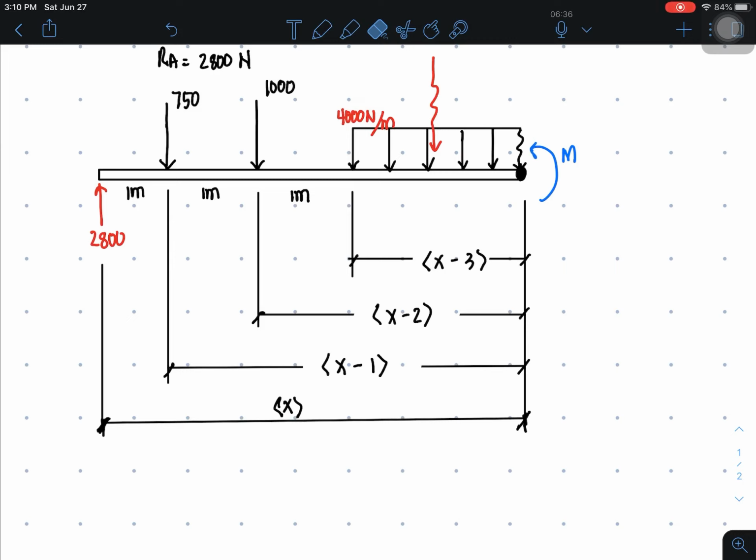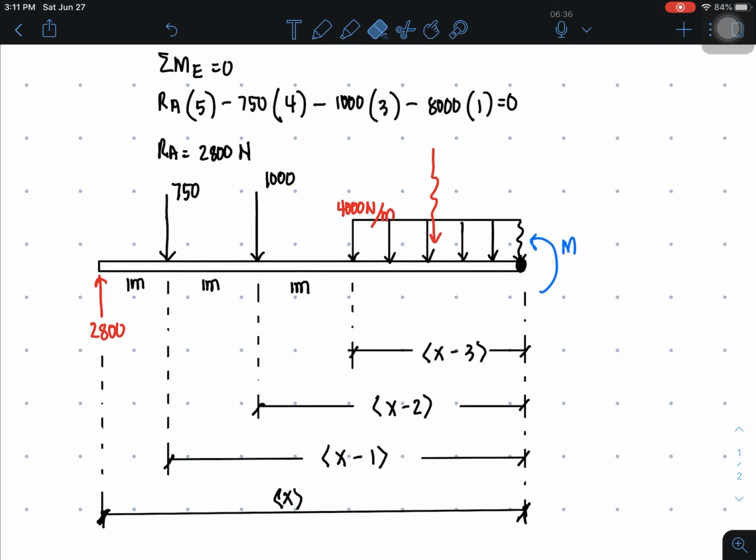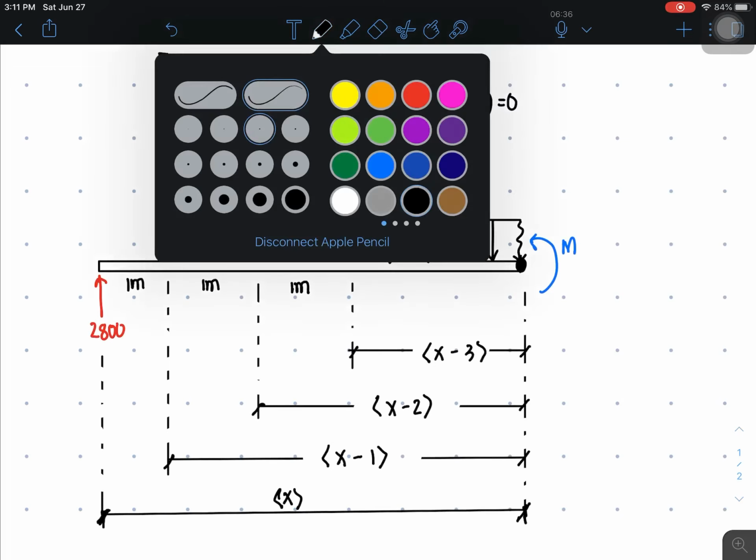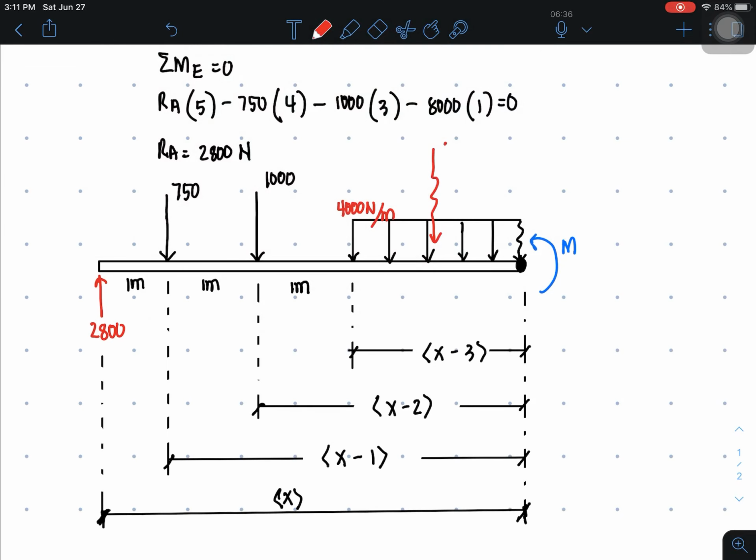So i-broken line na lang. Okay, so naa na tayo mga moment arms or distances. So makuha na nato ang resultant aning rectangular load. This is 4,000 times x minus 3.